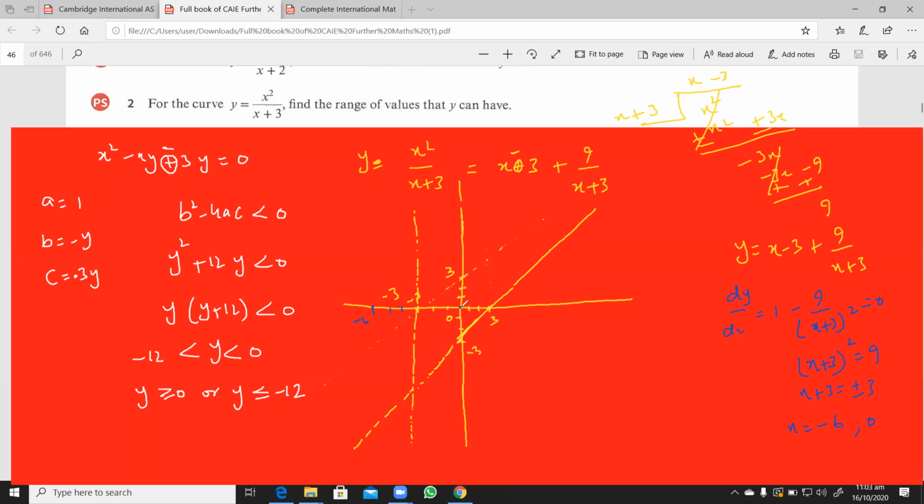So that means here is a turning point that we're having. I am going to imagine that the curve is coming from infinity, reaching this, and then going along this asymptote, like this.